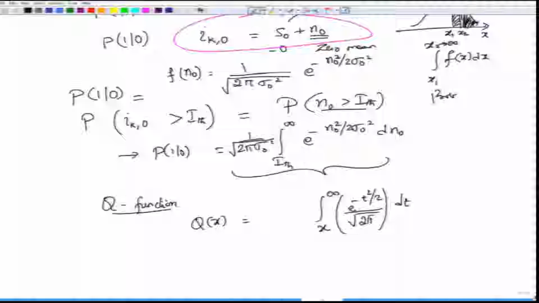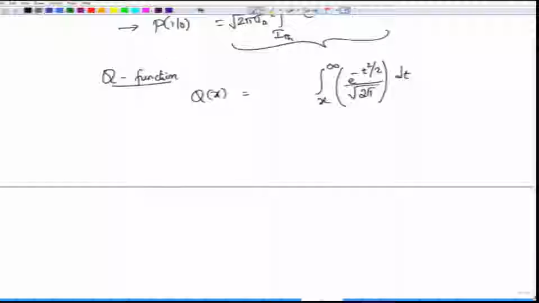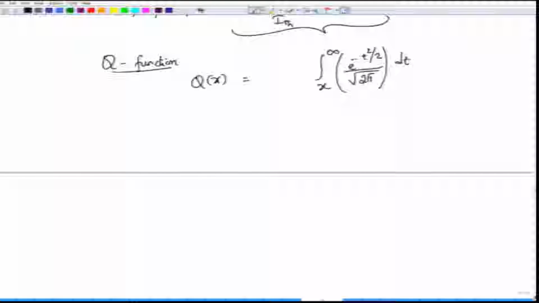If you compare this with the Gaussian random variable, you will realize that this curve is actually an expression for the probability density function of a Gaussian random variable, that is, a random variable which has a Gaussian distribution with 0 mean and variance equal to 1. This is called unit variance.